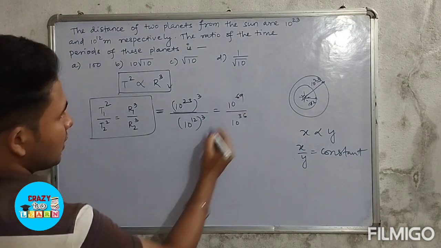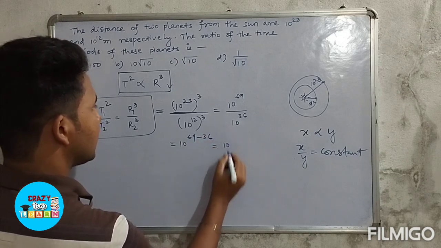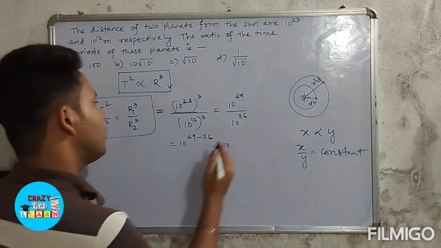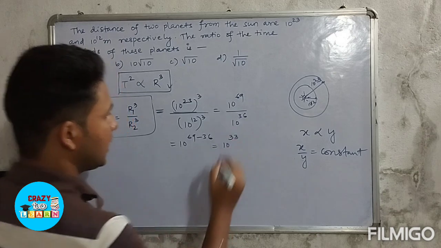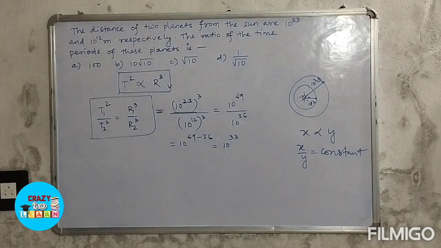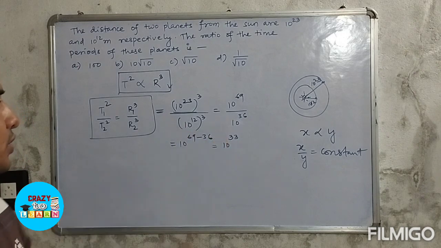If you take the denominator to the numerator, what will you get? 10 to the power 69 minus 36, which is 10 to the power 33.